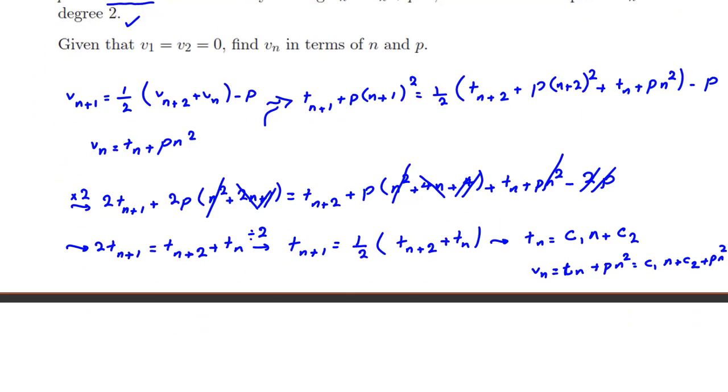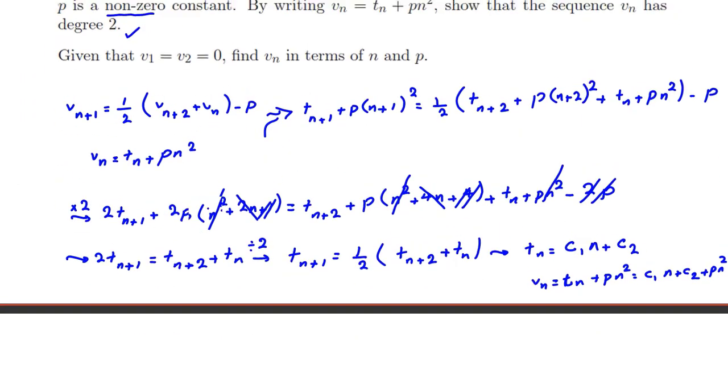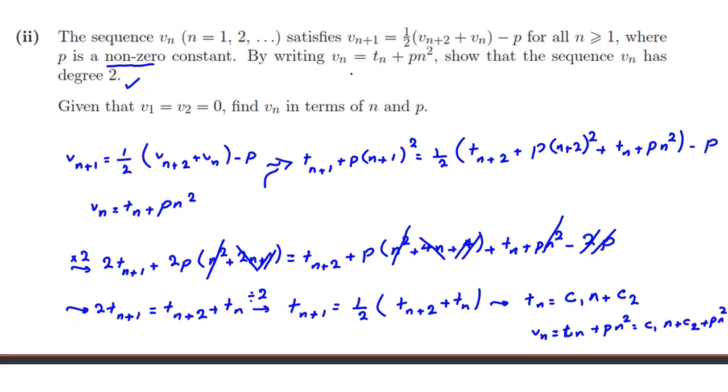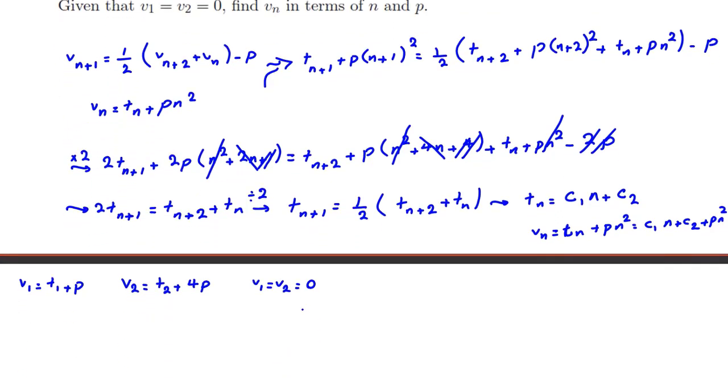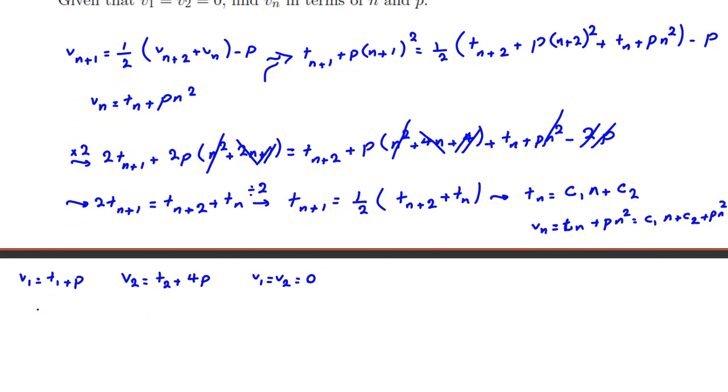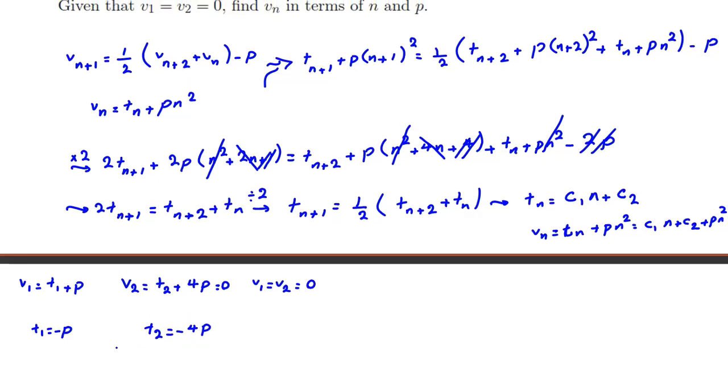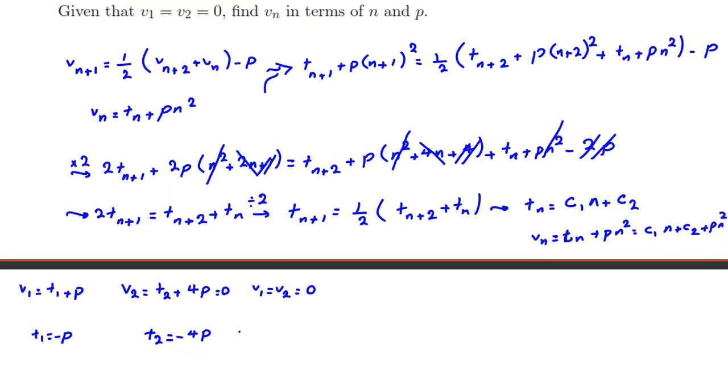But first, let's use V1 equals V2 equals 0 and the formula here. V1 is T1 plus P. V2 is T2 plus P times 2 squared, 4P. And V1 equals V2 equals 0. So from this, T1 equals negative P, and T2 equals negative 4P.